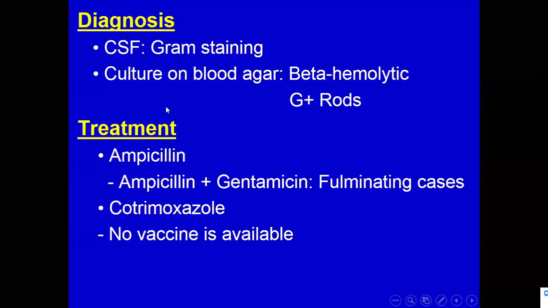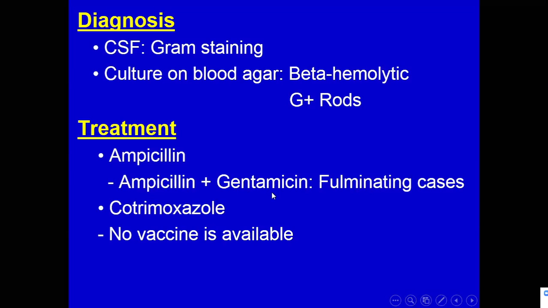Treatment. Remember, in the treatment of Listeria, ampicillin. Always remember ampicillin. The drug of choice against Listeria monocytogenes is ampicillin. You can use ampicillin together with gentamicin.